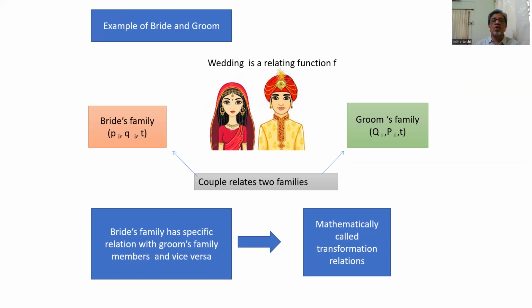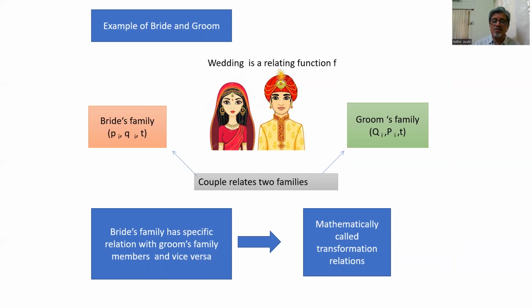The couple correlates the two families. The bride's family is related to the groom's family, and vice versa, by the wedding of the bride and groom, and that is the function f. Mathematically, this is called a transformation relation.